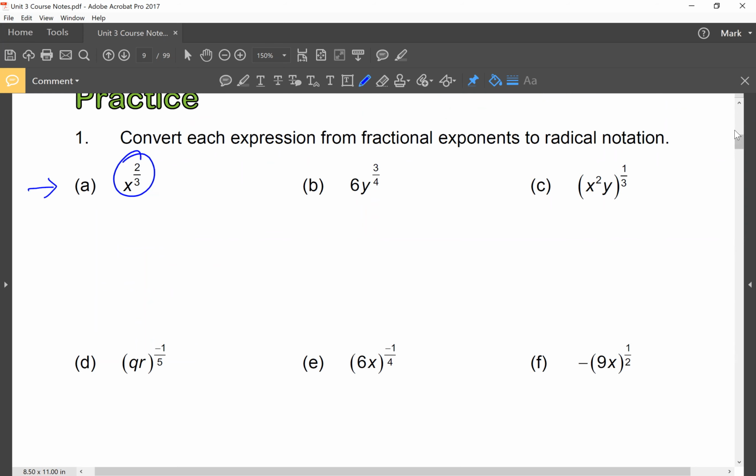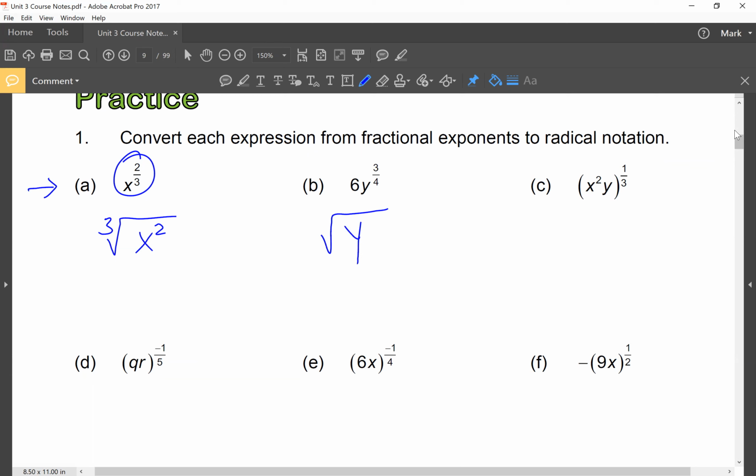Well, x to the 2/3 is going to be the root of x, but I'm going to put a 3 here and a 2 here. That's it, finished. The 3 on the bottom of the fraction goes in front of my root sign, and I keep the squared.